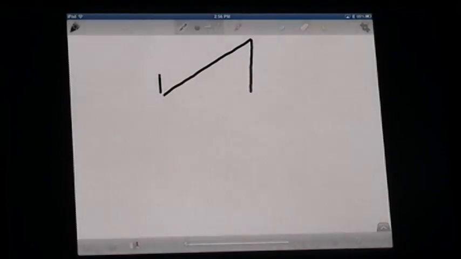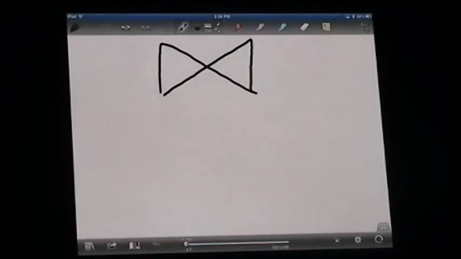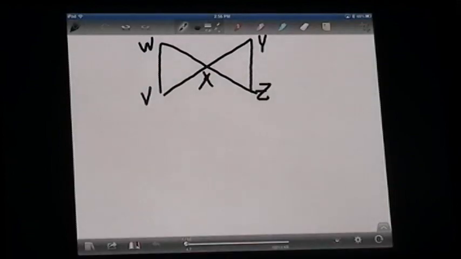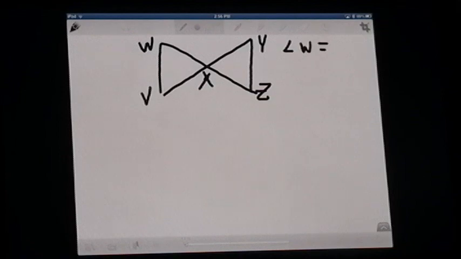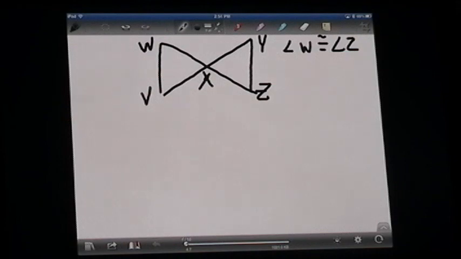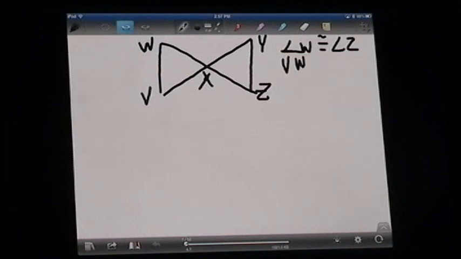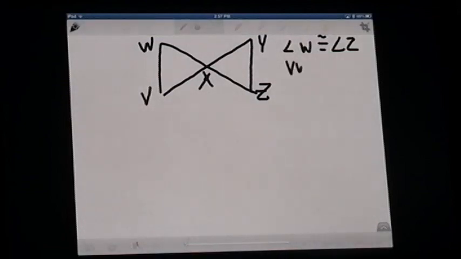Okay, so this is the figure, sort of. W, V, X, Y, Z, and we've got angle W is congruent to angle Z, and we have VW is congruent to YZ.